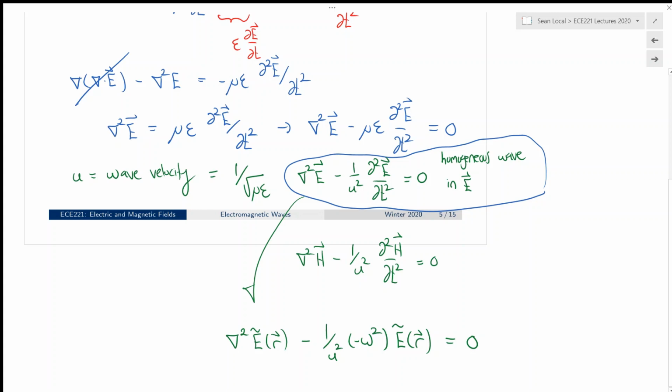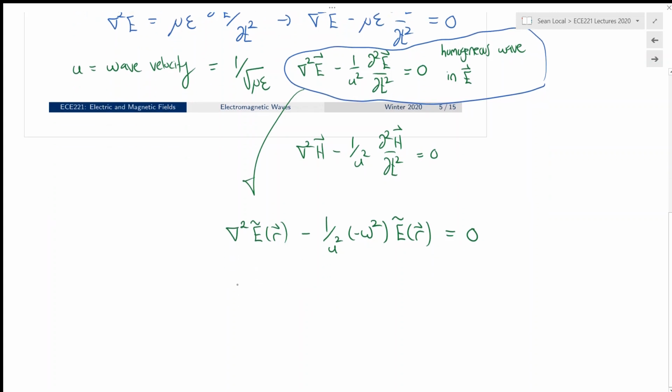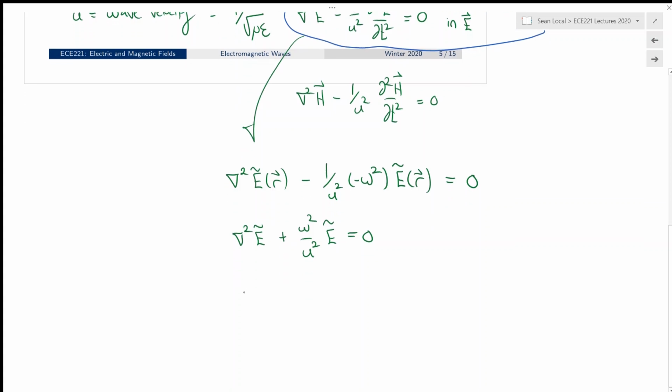So this is our new wave equation. It can be simplified a little bit here. I'm going to drop just the dependence on r since that's a bit obvious now. We have two minus signs, so this becomes omega squared over u squared times E tilde equals 0. And the same thing is going to happen to our wave equation for H. So we'll write that down here.